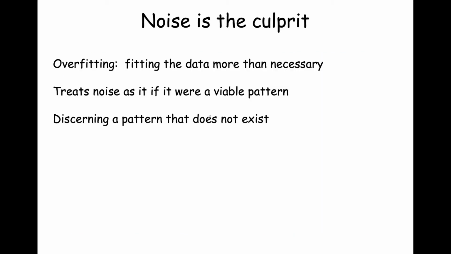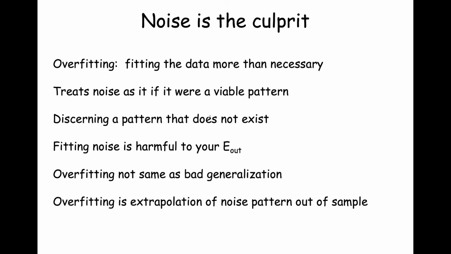So the noise is the culprit. When you overfit, you're treating noise as if it were a real or viable pattern, and you're discerning this noise pattern that doesn't really exist out of sample, and you have a large out of sample error. So fitting noise in your data is harmful to your out of sample error.